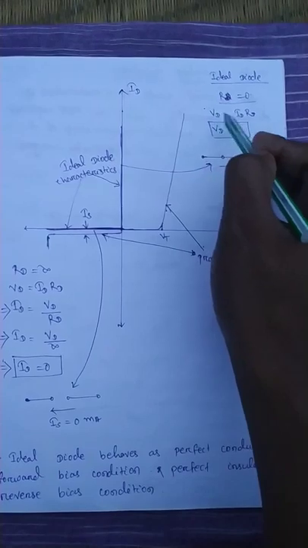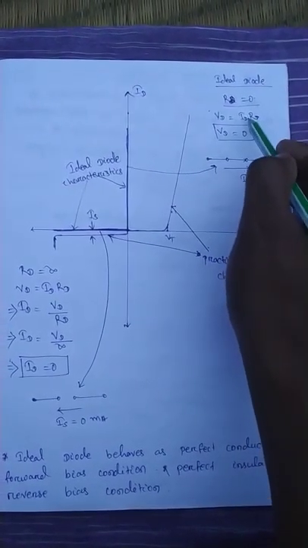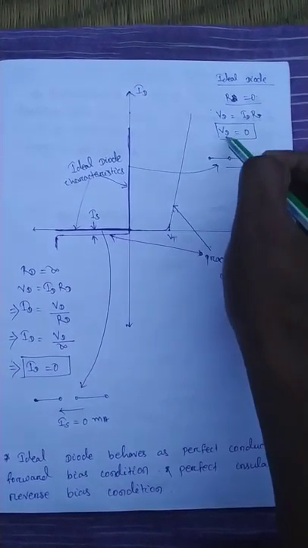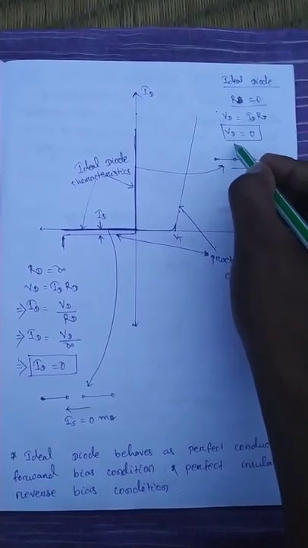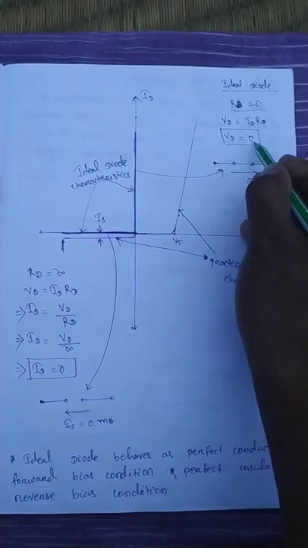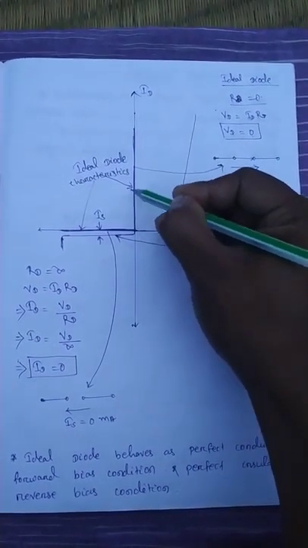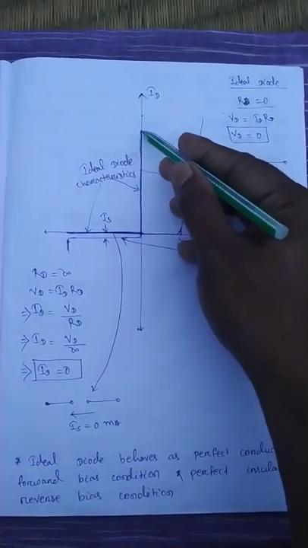According to Ohm's law, Vd equals Id Rd. Putting Rd equal to 0 in this equation, Vd equals 0. That means in case of forward bias, the voltage drop across the diode is 0, Vd equals 0, and the current is Id. So the graph is represented in this manner.